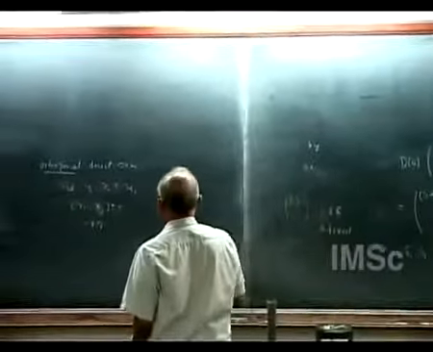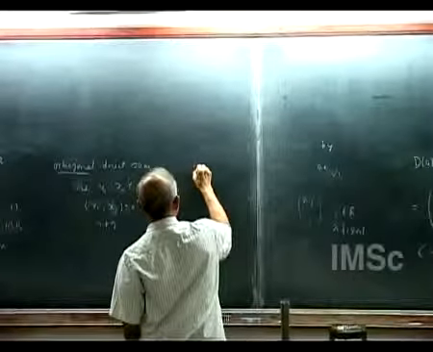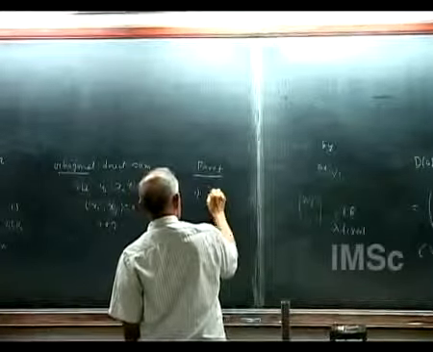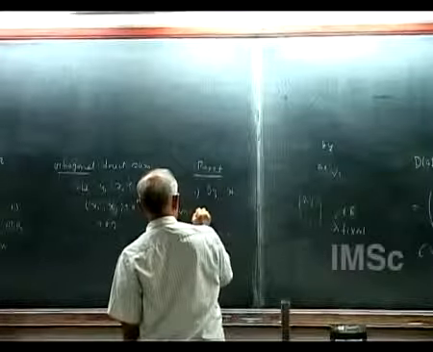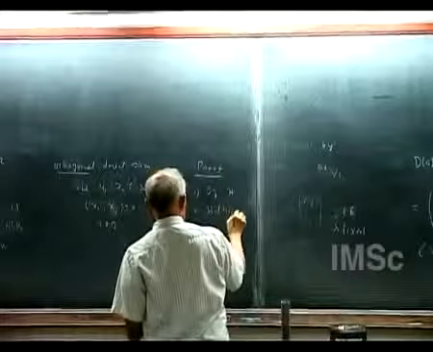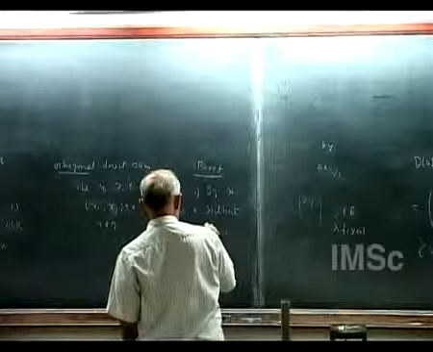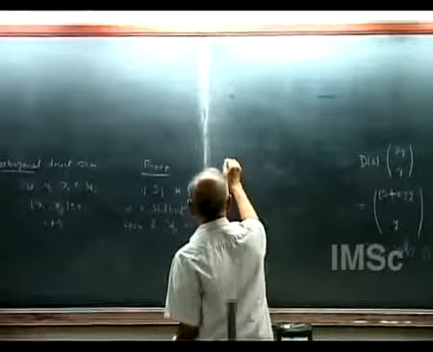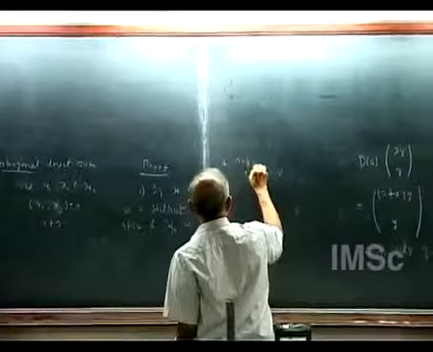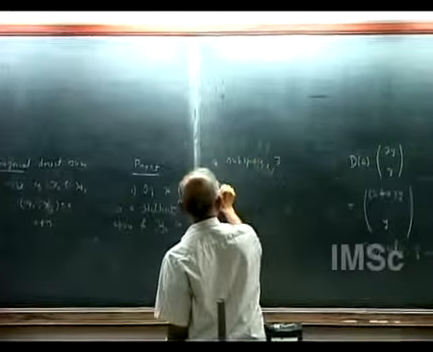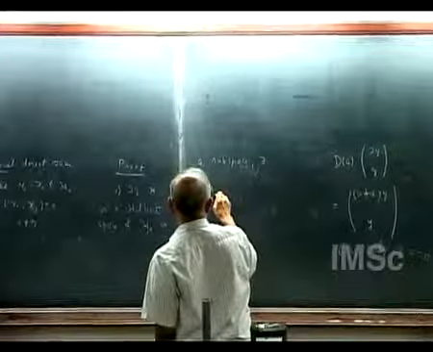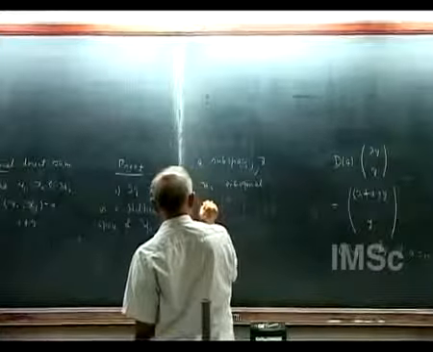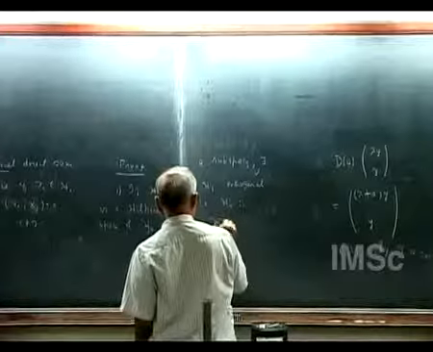The proof is as follows. One. If H is a Hilbert space, and H0 is a subspace, there exists H1 orthogonal to H0 such that H is H0 plus H1.